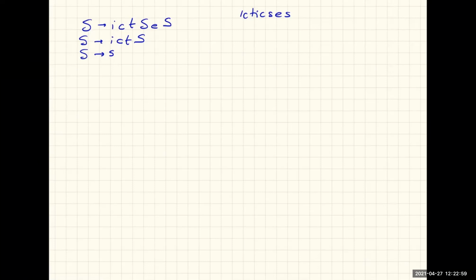Okay, yes. It says i k t i k t s. Okay, so this was the homework, yes? So if we try to parse this string, we have different possibilities. Let's explore them. Let me write this as before.